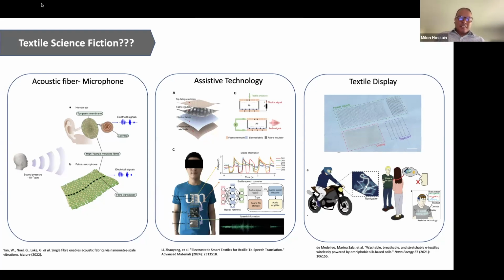In another step, there is assistive technology developed based on the same principle, where the textile can convert Braille alphabet into an audible sound, and using machine learning and algorithms it can translate this Braille alphabet with 99% efficiency. It's a huge achievement for people with disabilities.